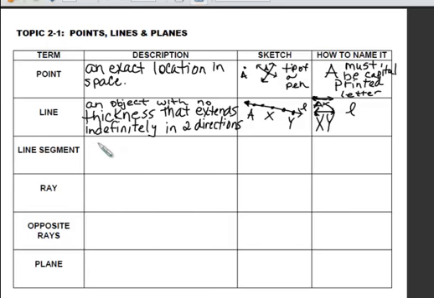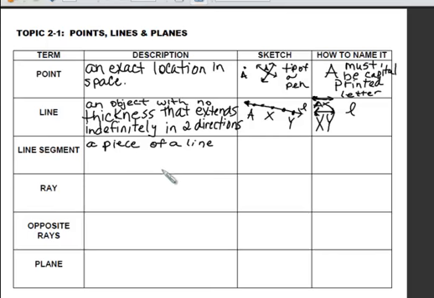A line segment is a piece of a line. And I know that you all learned this in junior school. However, the writing of each of these is crucial, that it be correct or you're not speaking correct geometry.